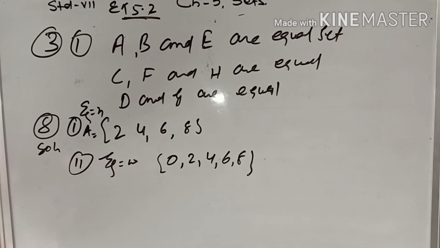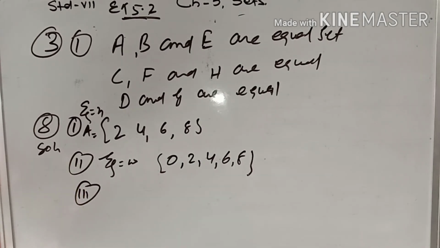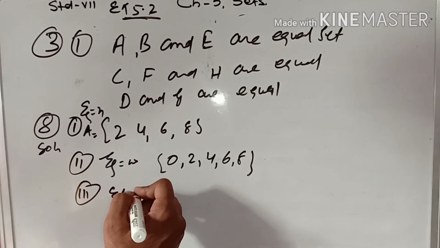Now third one, integers. Third one I can take integers, means what, universal set integers.